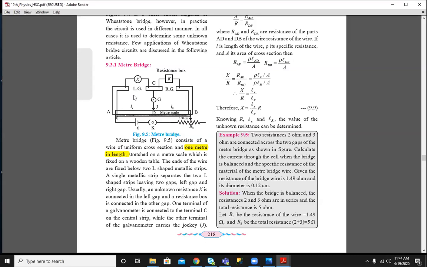So what we do in our practical lab, we just buy a battery of higher voltage, for example 100 volt, then we put across it a rheostat, a variable resistance. On the basis of requirement we adjust our variable resistance and get the voltage.